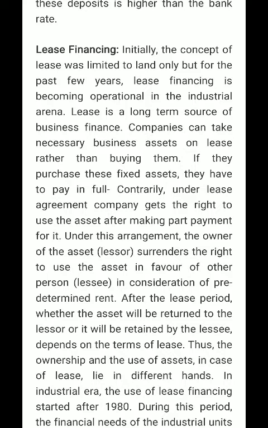After the lease period, whether the assets will be returned to the lessor or retained by the lessee depends on the terms of the lease. Thus, the ownership and the use of assets in the case of lease lie in different hands.